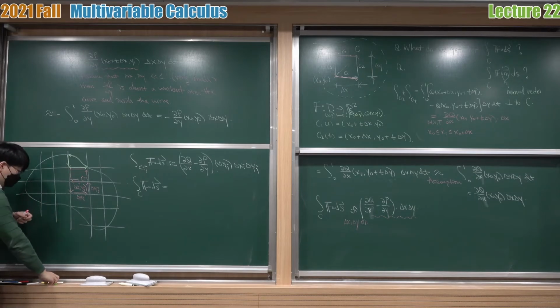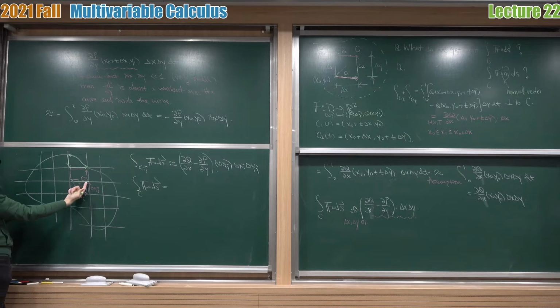Look at this side. We already had a line integration in this direction, and this line integral cancels out with the line integration on the upper curve, which goes in the opposite direction on the shared side.